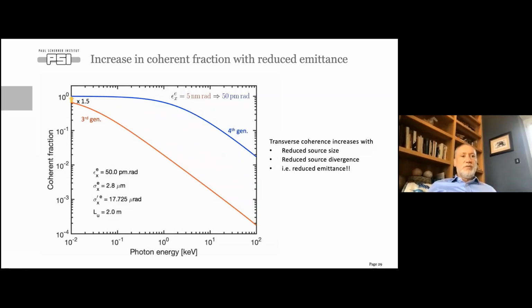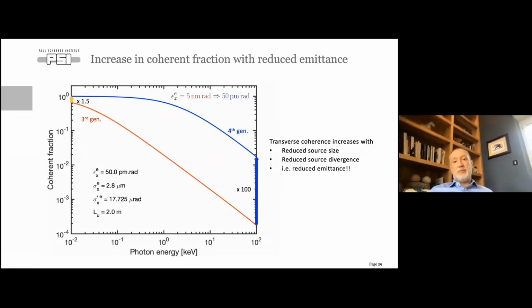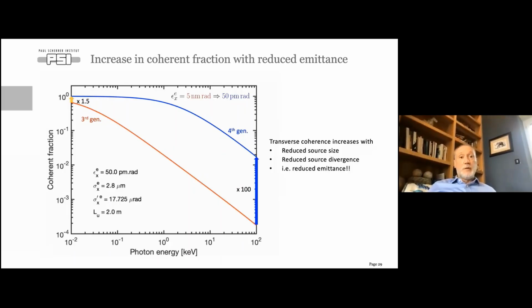So we see that there's only a factor of about 1.5 increase down at around 10 electron volts, but up at 100 kilo electron volts, we have a factor of around 100 improvement in the coherent fraction. For the hard X-ray regime, the increase in brilliance corresponds 1-to-1 with the increase in the coherent fraction.